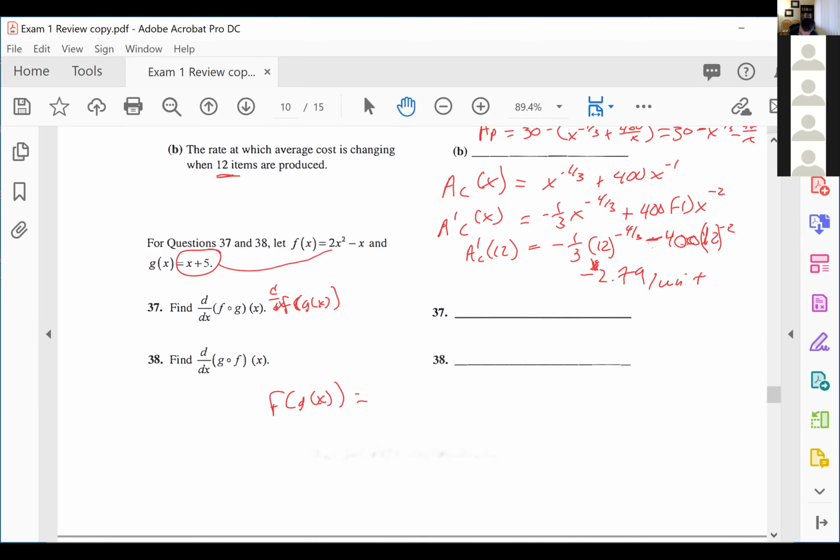So this is going to be 2 times x plus 5 squared, excuse me, minus x plus 5. Now I want to take the derivative of this. Well, it's a chain rule.